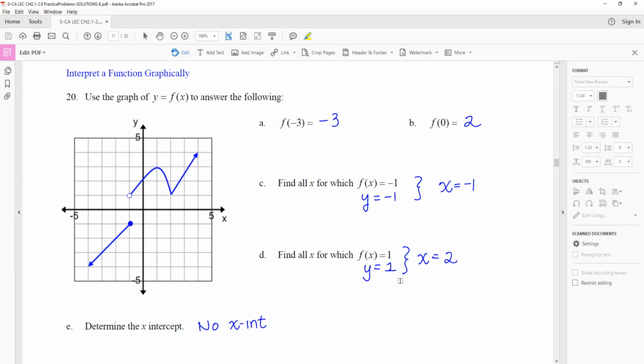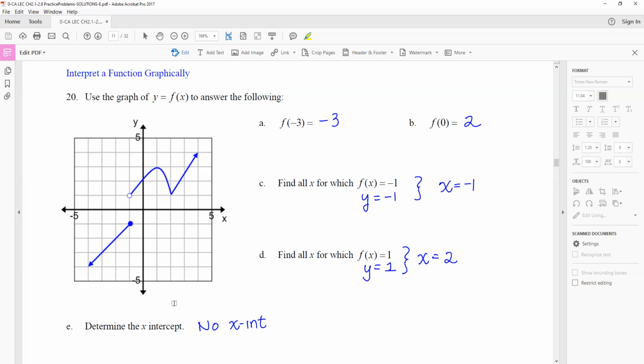For d, again, y equals 1. So we find where y is equal to 1. So this line right here, it's not included there, but it is included here. So in this case, where y equals 1, x then is equal to 2.